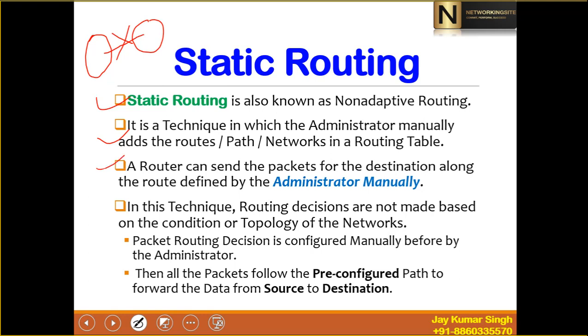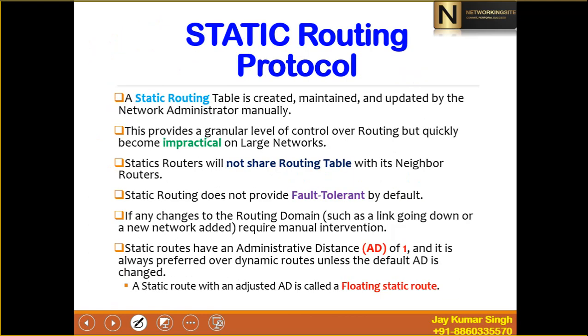Here it is saying that whenever an administrator wants to create a routing table, the destination must be reachable. Then the communication will take place. The static routing table is created, maintained, and updated by the network administrator manually.